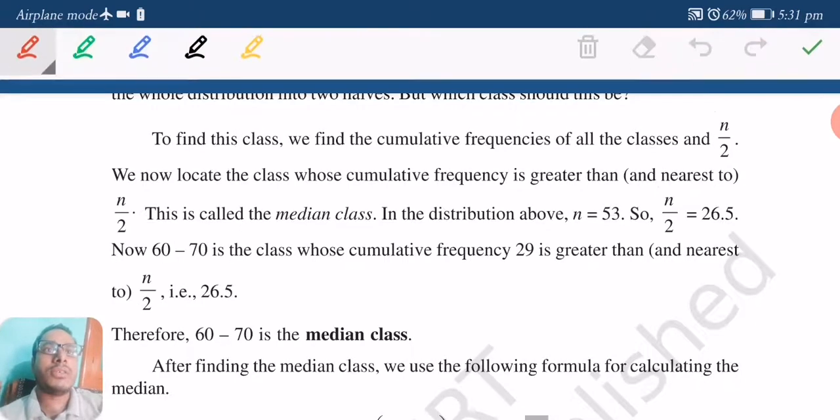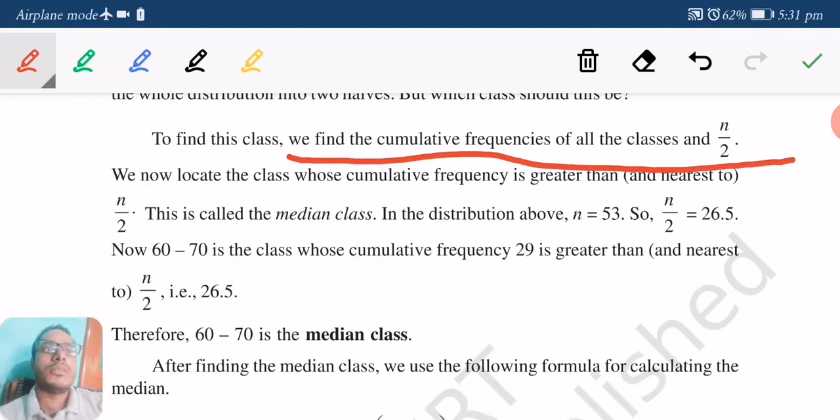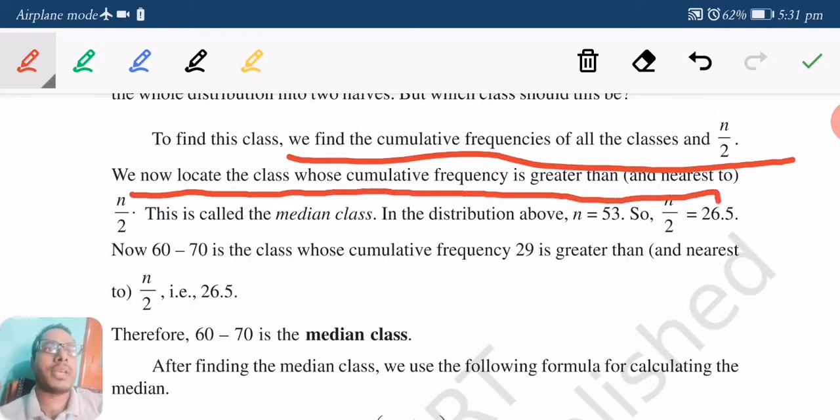So if you look into the definition of median class, it starts from here. First of all, we check what is n. N is 53, we have got, right? So now we locate the class whose cumulative frequency is greater than or nearest to n by 2. Either it is more than or nearest to that particular value will be taken as the median class. I'll show you how it is done.